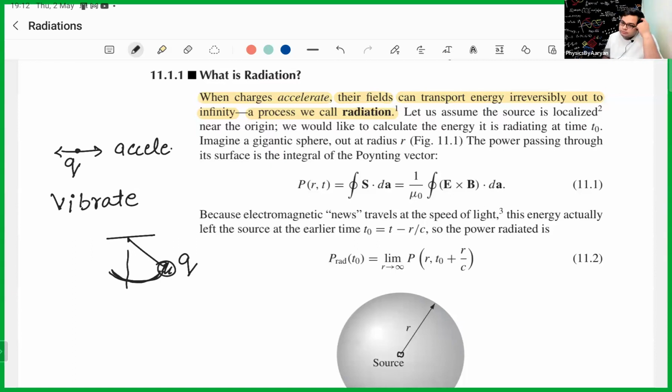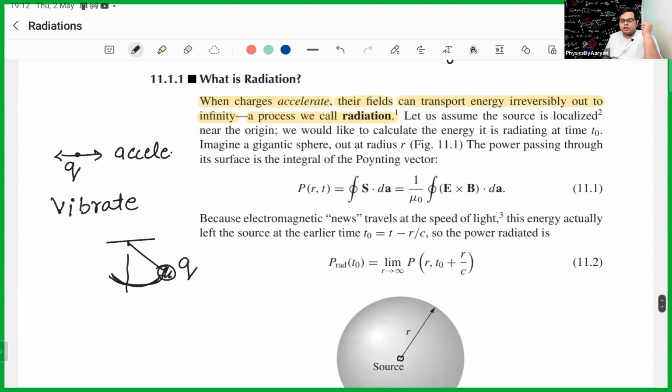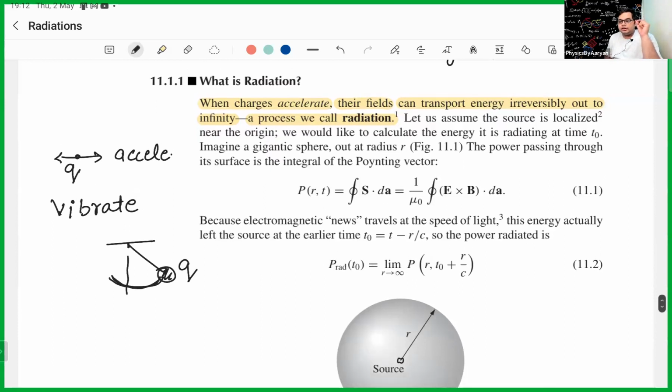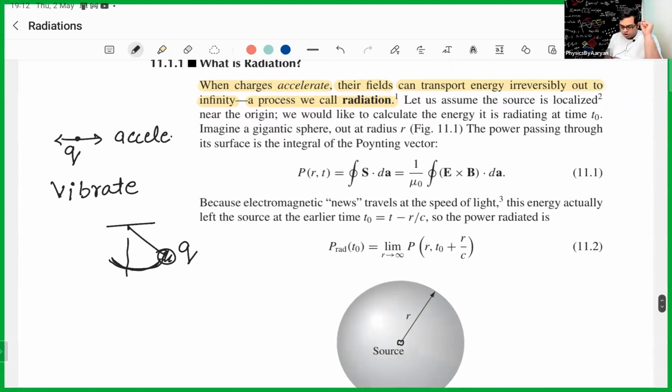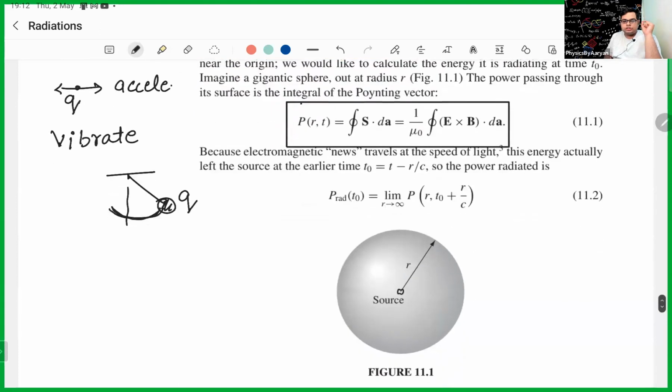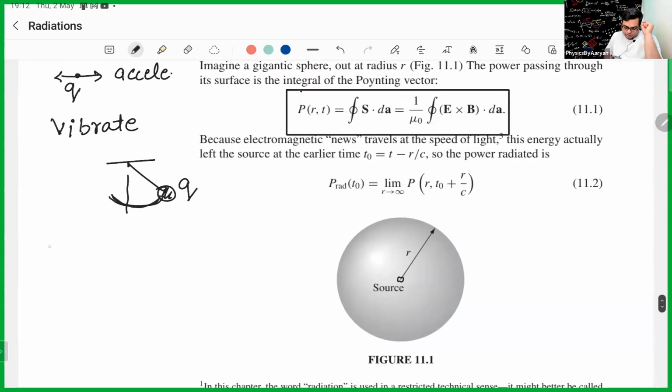Now, the word radiation is very critical here. Whenever we talk about energy, we talk about a formula known as the Poynting vector formula. Whenever we say that some energy is being emitted, we define, number one, intensity.